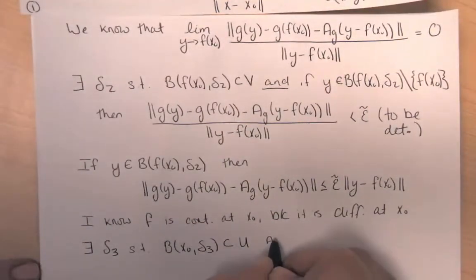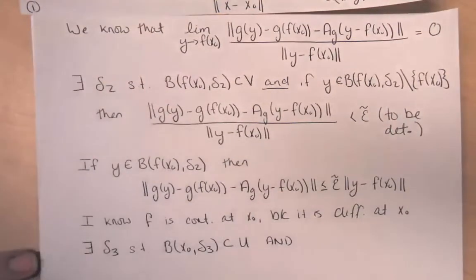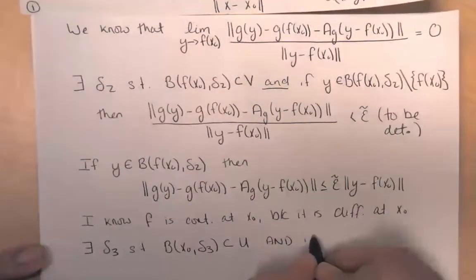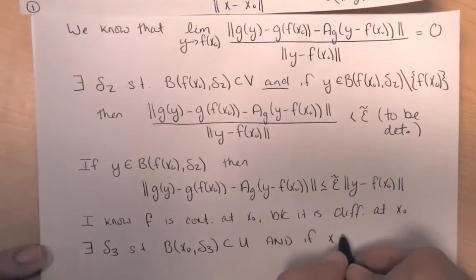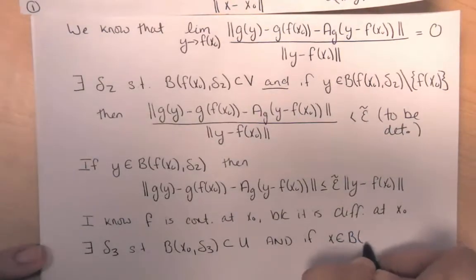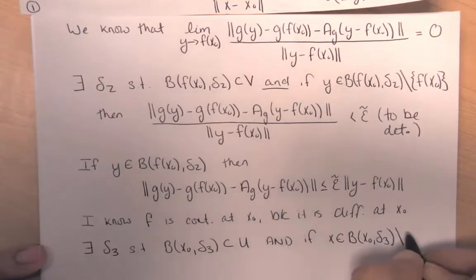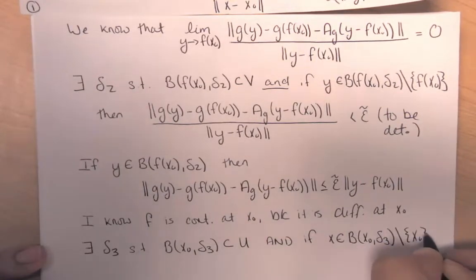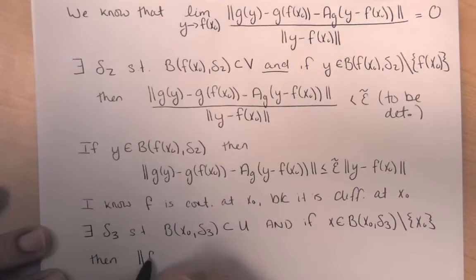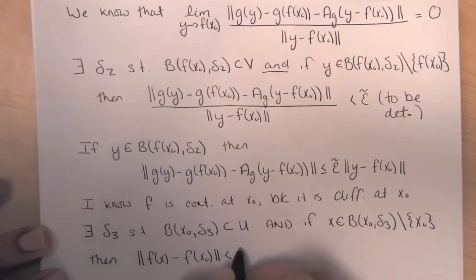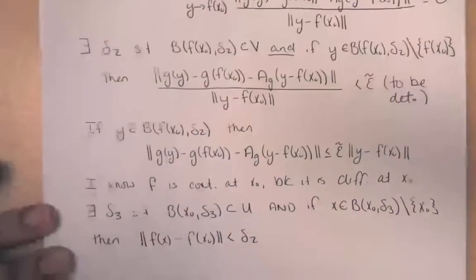And if x is in this open ball, but not x naught, then f of x minus f of x naught is less than delta 2, right?